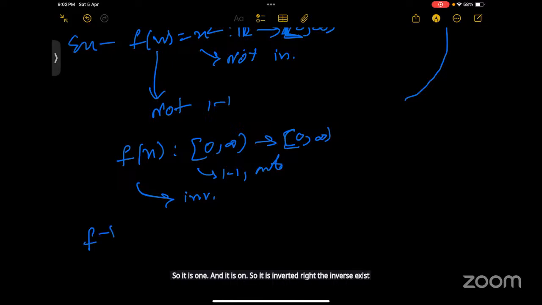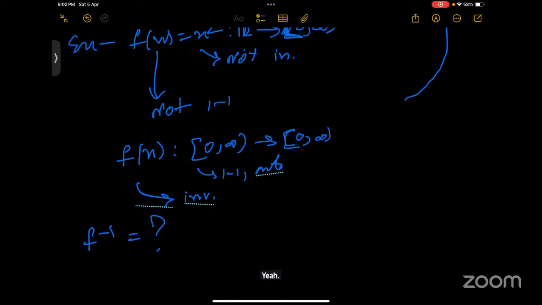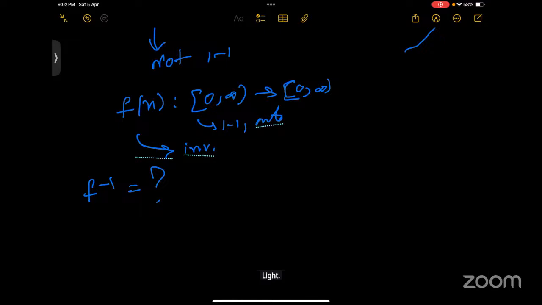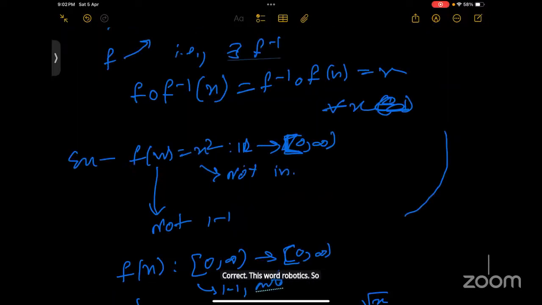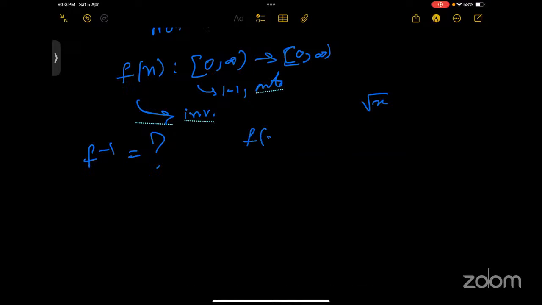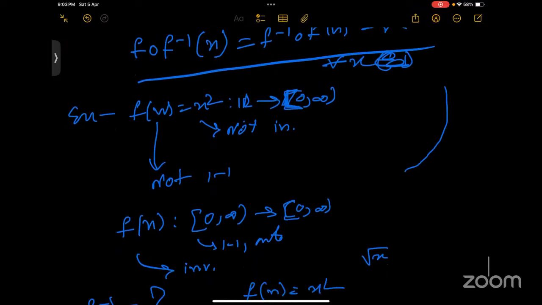So what will be the f inverse? Square root of x. Correct, the square root of x. So how can we calculate it using this definition? We know f of x equals x squared. So f inverse of x is square root of x, right? From this definition, we have this.